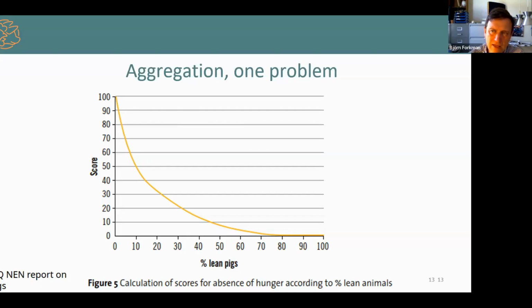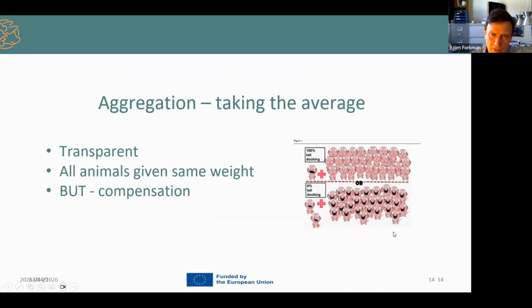Because this means that the value of suffering for an individual pig depends on how many other lean pigs there are, which doesn't really seem all that logical. So an alternative to doing that is to take the average, and that is what we're doing in the aWISH project.